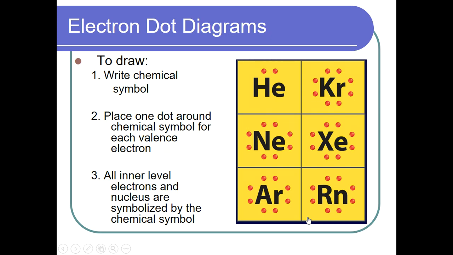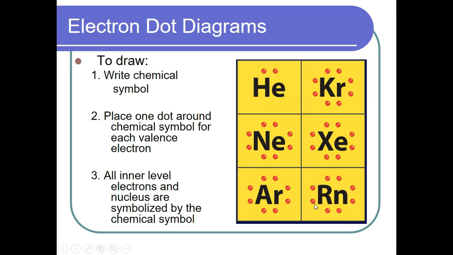In order to draw an electron dot diagram or a Lewis dot diagram, it's really simple. You just write the chemical symbol, which you get from the periodic table. You place one dot around the chemical symbol for each valence electron. Helium only has 2 valence electrons. These are all of our noble gases. The rest of them have 8, and you can see that because there are 8 dots around it.